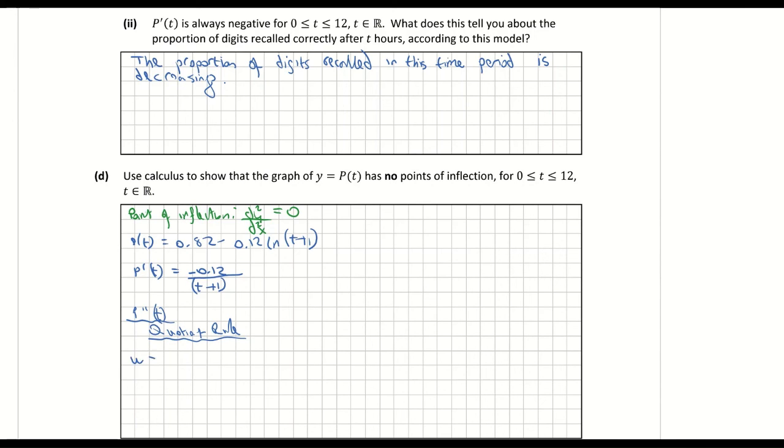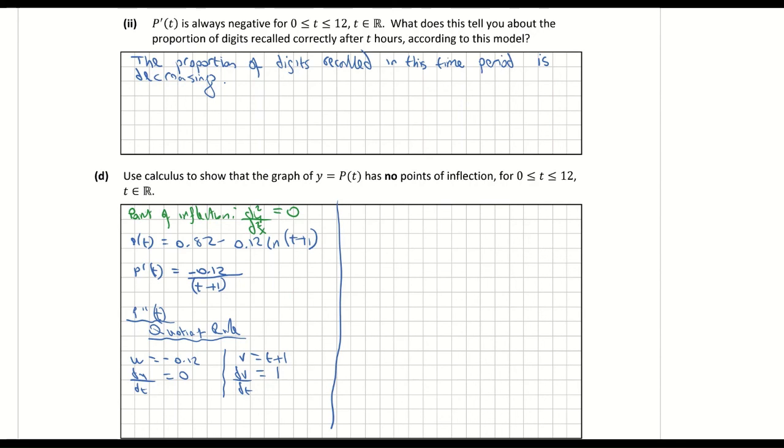My u is equal to the numerator, minus 0.12. Differentiating my numerator, it's just going to become 0. I get my v, which is the denominator, t plus 1. Differentiating the denominator, I'm just differentiating t, so I get 1.